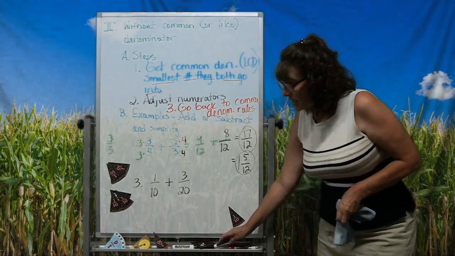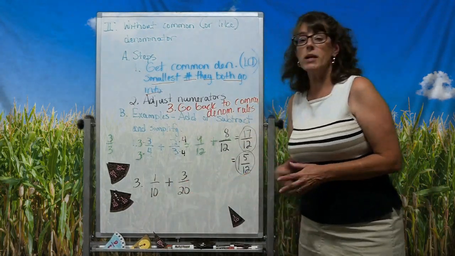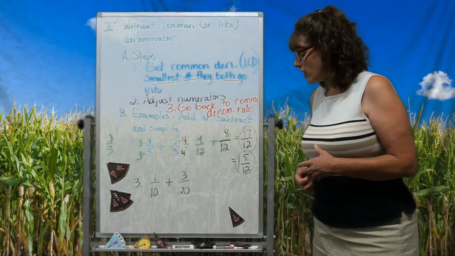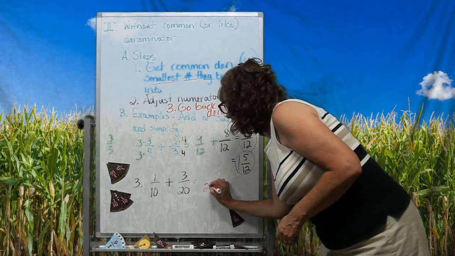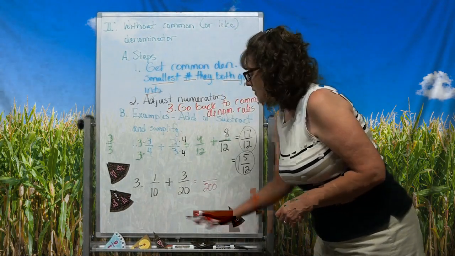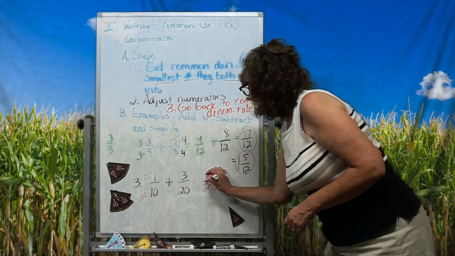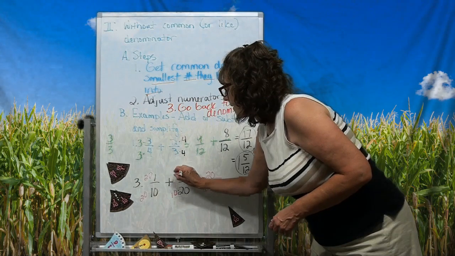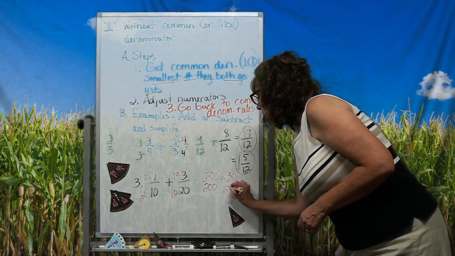Now, in this case, it would appear that if I go by these rules and I multiply 10 times 20, I'm going to get 200 as my common denominator. Very, very large number. Now, if I do that, then I'm going to multiply this by 20 and this by 20, giving me 20 over 200. I'm going to multiply this by 10 and this by 10, giving me 30 over 200.